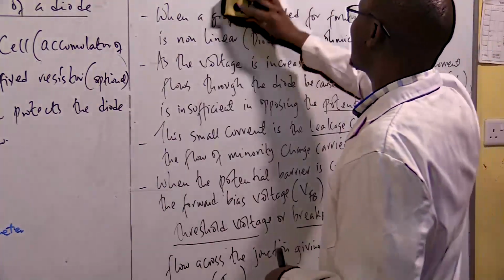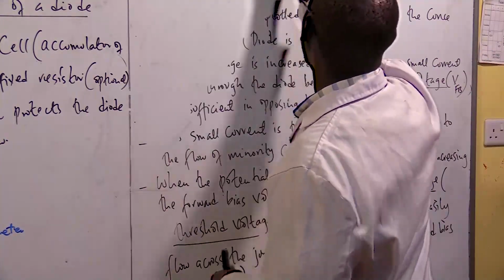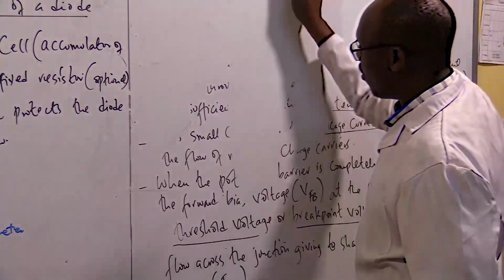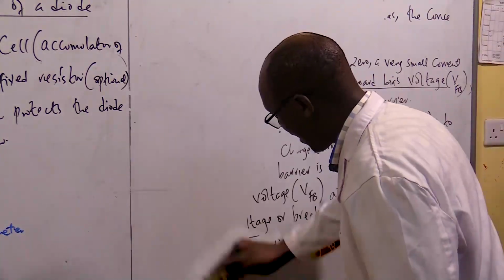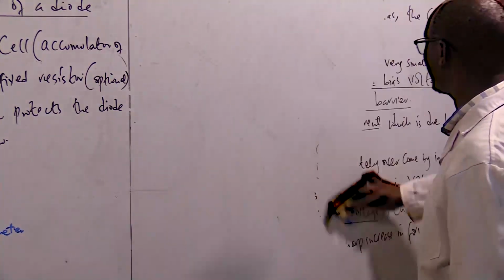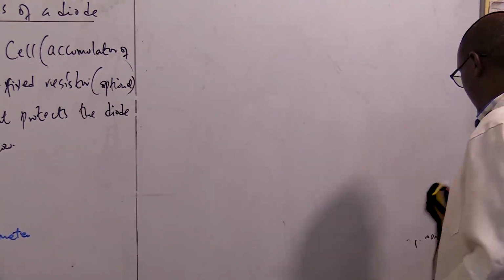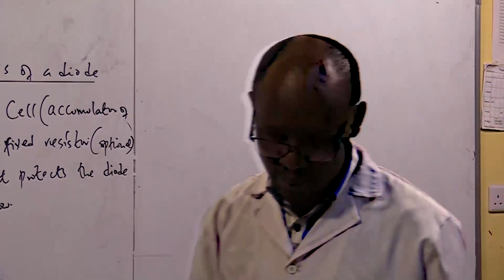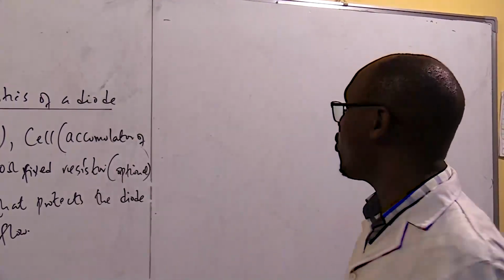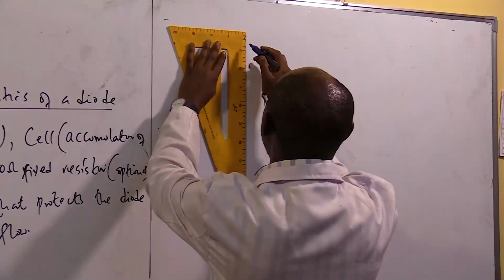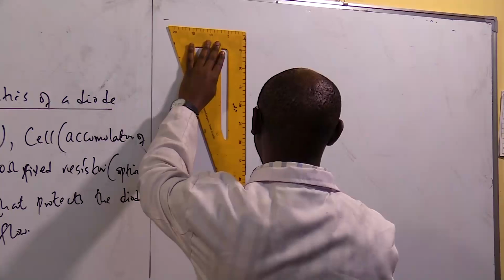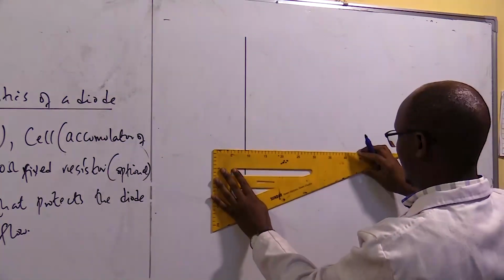We can see then in graphical form how that explanation will be displayed when you draw your graph. So what we are saying is that we are plotting the current against voltage.